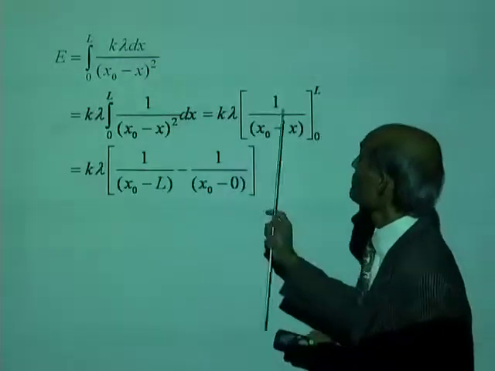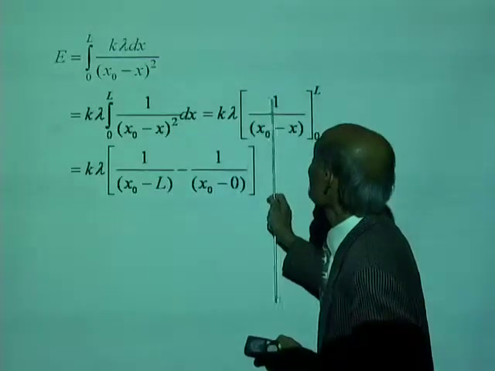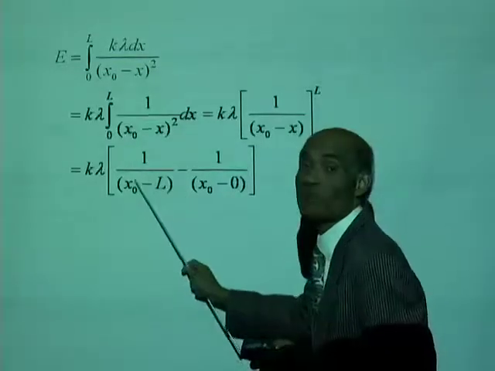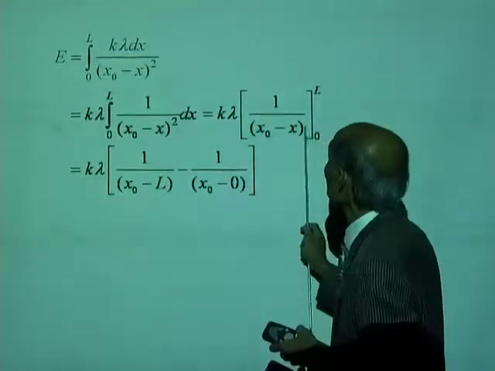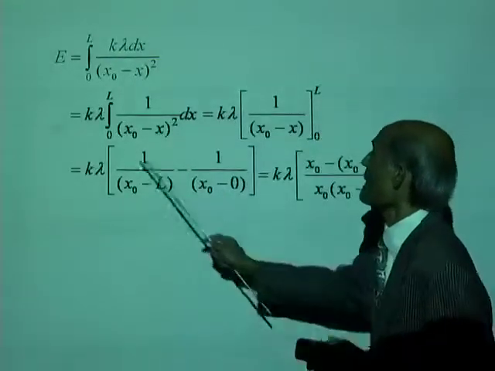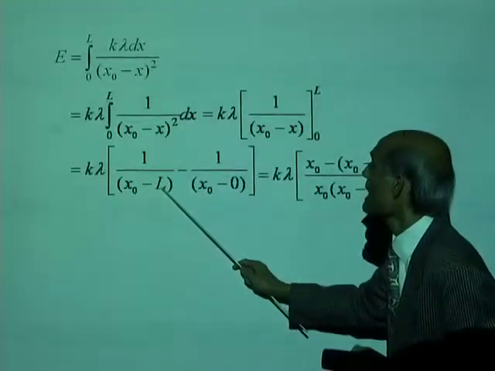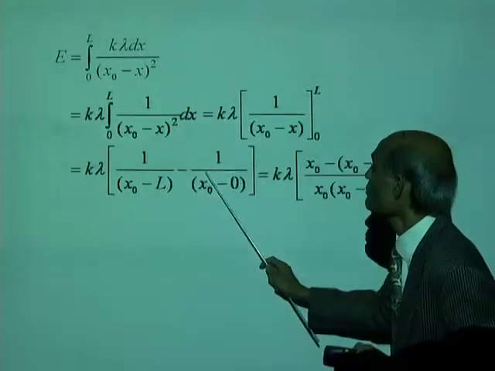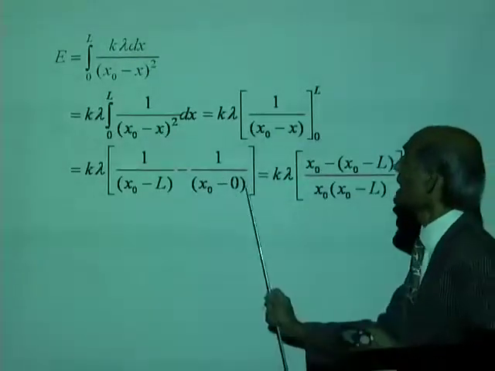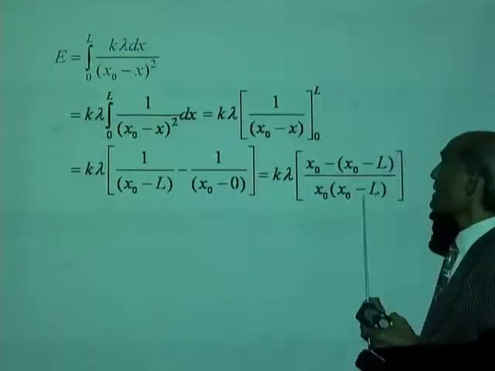Is that right? So that will be k lambda times, using the upper limit, 1 over x0 minus L, this is the upper limit, minus, put x equal to 0 for the lower limit. What does that become? That will be k lambda times 1 over x0 minus L, and this will be now 1 over x0, and I take x0 times x0 minus L as the common denominator.